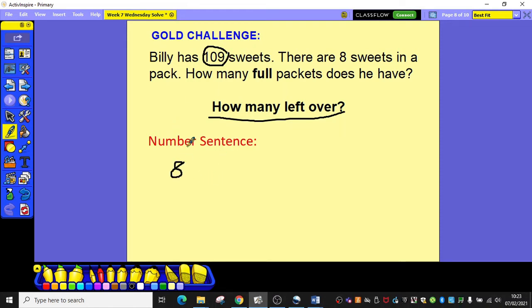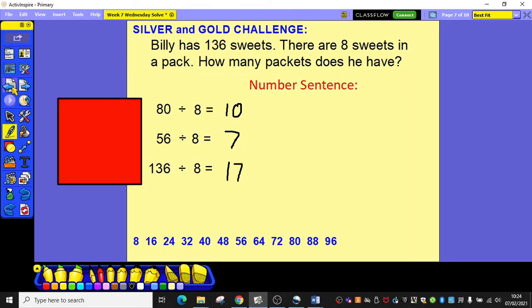So in terms of my number sentence, I've got 109, and I'm going to be dividing by 8. Okay, I know on the problem before I didn't write that down, but I felt we'd done enough talking about it. But just a reminder, obviously, we were doing 136 and we were dividing by 8 there as well, which gave us our answer 17.